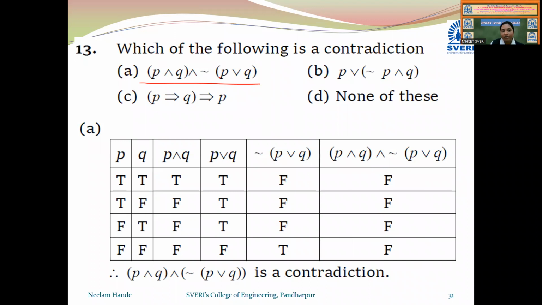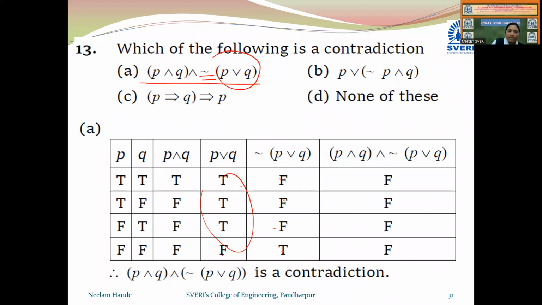We have to check, right? So we write P, Q first, then P and Q. In the P and Q table, all are false. We write P or Q, all true, then last false. And then negation, we can see here negation of this. So true becomes false, true, false, true, false, false is true.